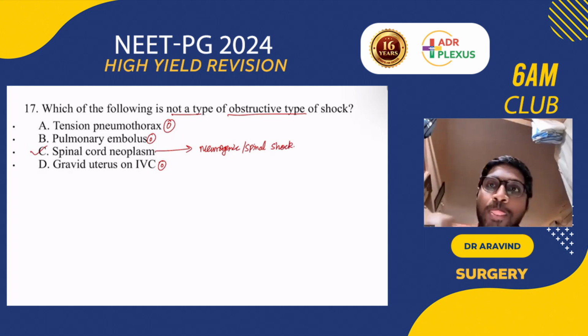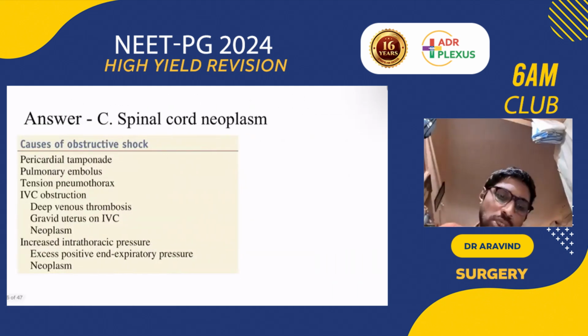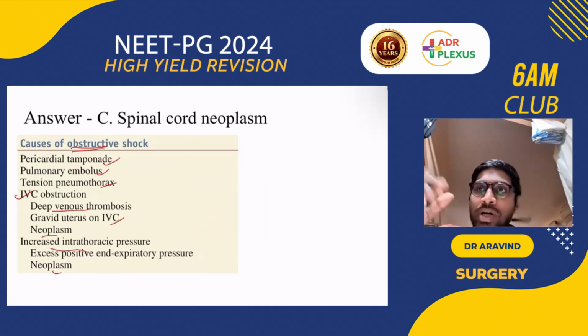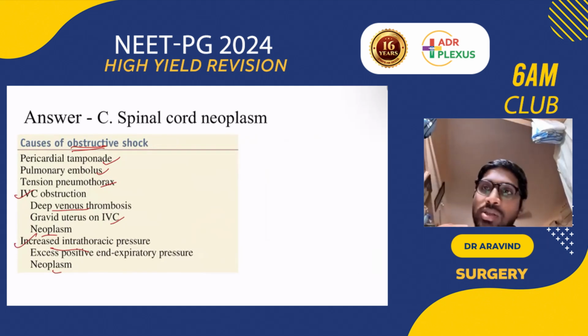So, causes of obstructive shock: pericardial tamponade, pulmonary embolus, tension pneumothorax, IVC obstruction, all types of IVC obstruction. In this, gravid uterus comes, DVT, neoplasm. And increased intrathoracic pressure compressing the IVC. All these go in for obstructive type of shock.